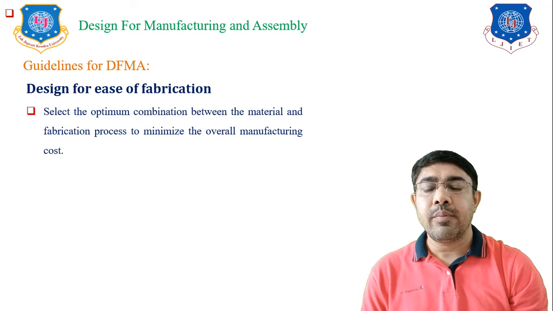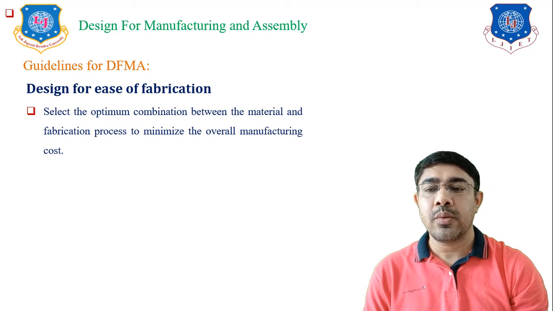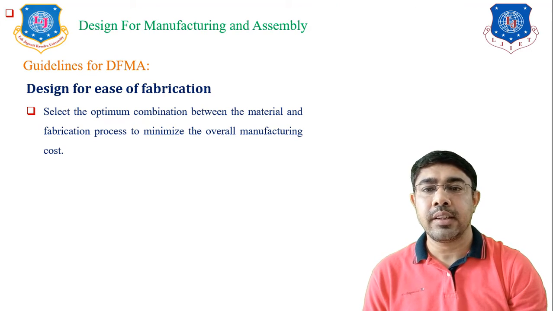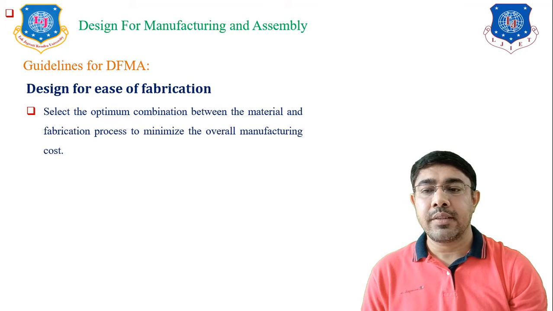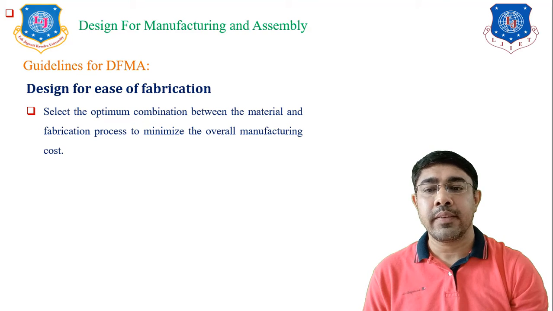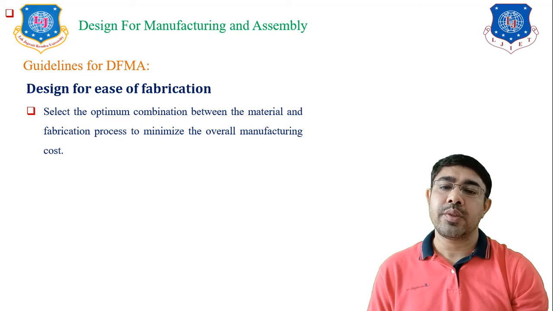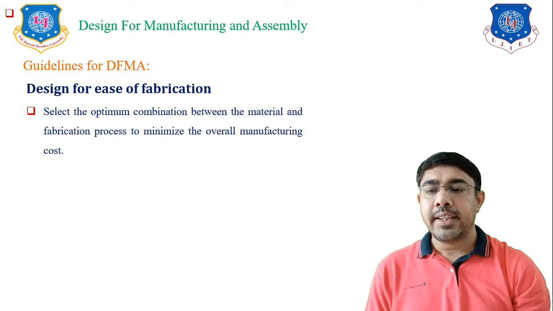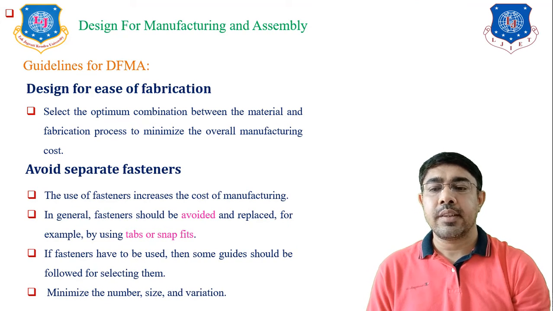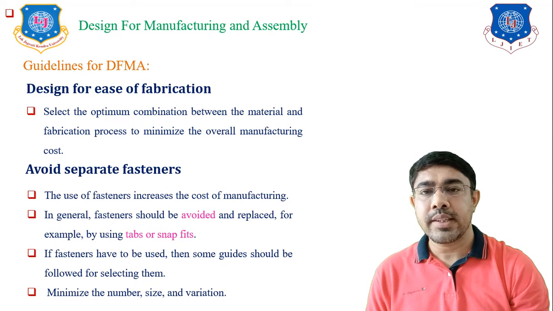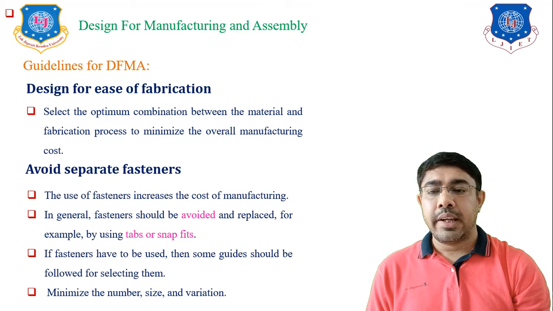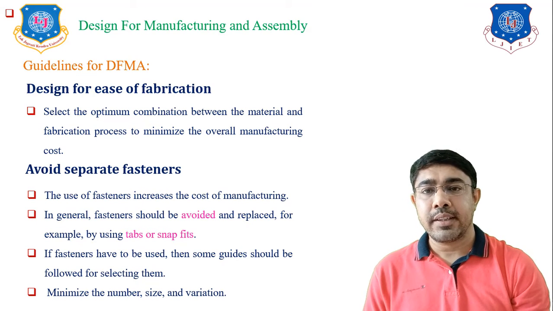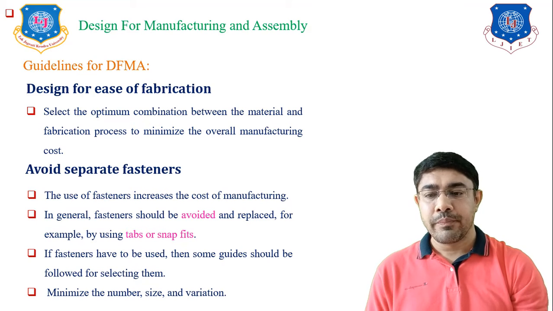Now next is design for ease of fabrication. Here we have to consider designing components which are easily fabricated. So select the optimum combination between material and fabrication process to reduce the manufacturing cost. Next is to avoid separate fasteners. When we design our component, we have to avoid separate fasteners, because the use of fasteners increases the manufacturing cost.